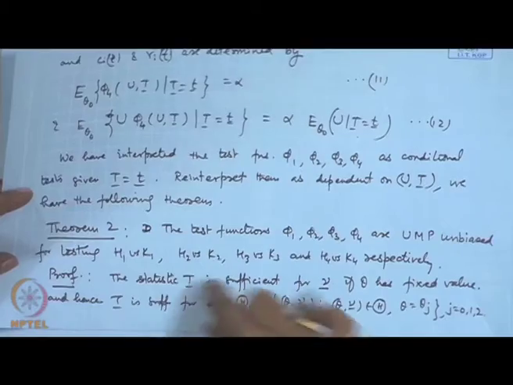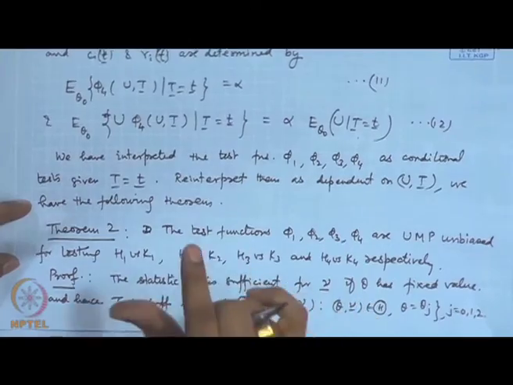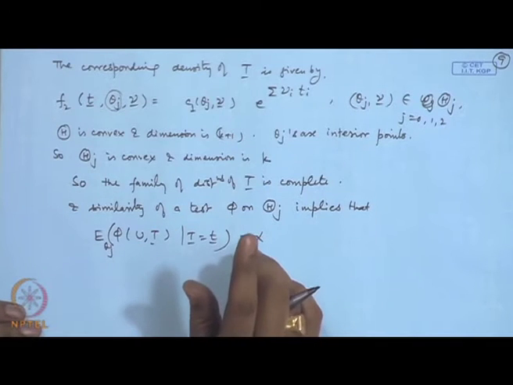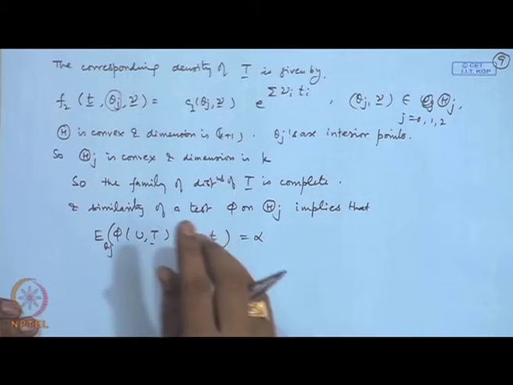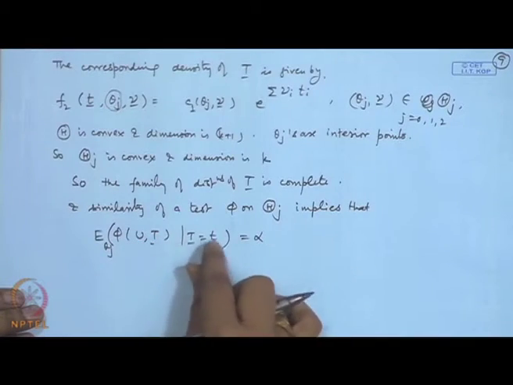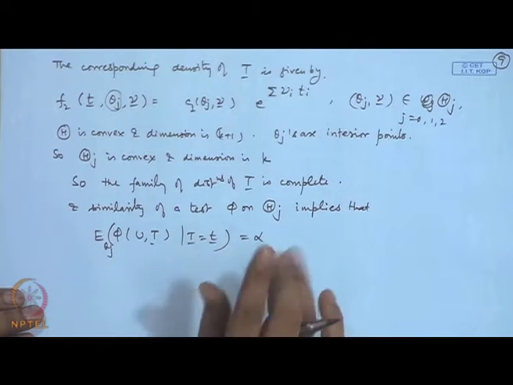So, we will use both of these results here. Now, first thing that we notice here is the structure of the multiparameter exponential family. So, for the fixed values of theta as theta naught, theta 1 or theta 2, T is a complete and sufficient statistic here. So, if I have a test function phi to be similar, then we should have expectation of phi(U) given T equal to alpha.